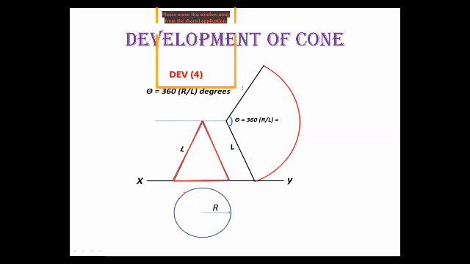Now for developing the cone, first of all we take a line parallel to one of the end generators of the cone in the front view, in the triangle of the front view.